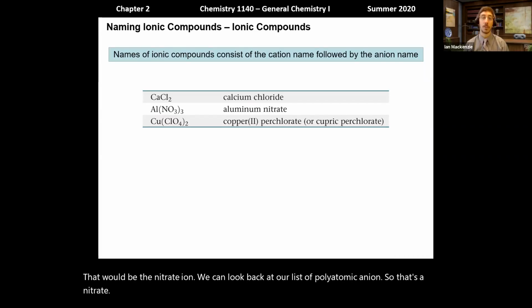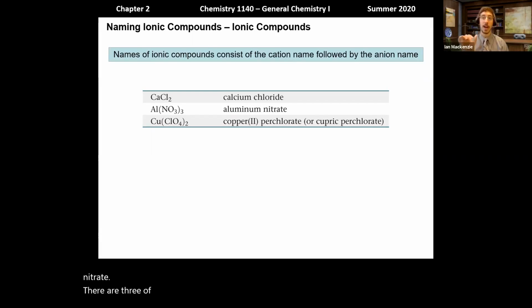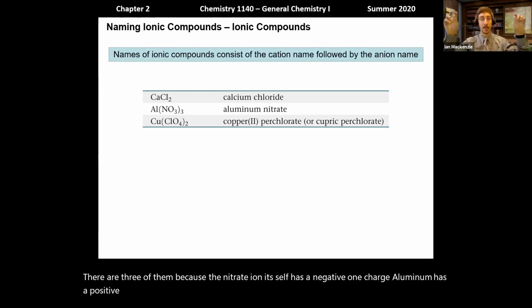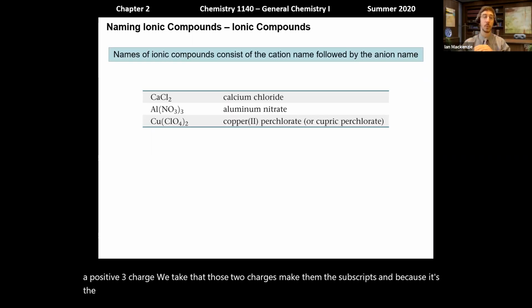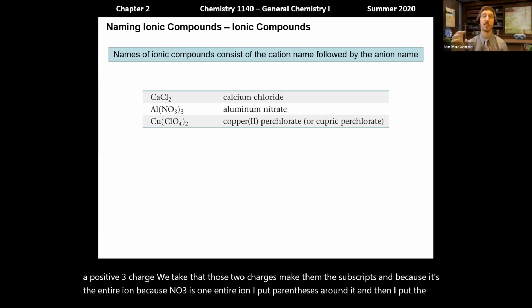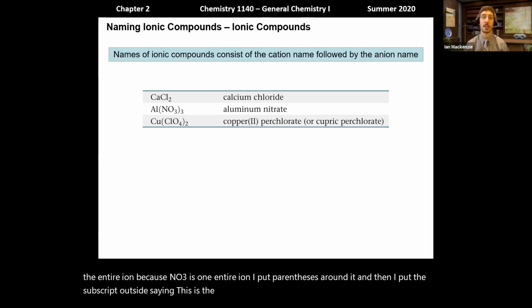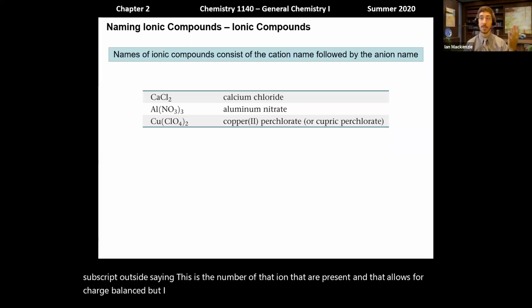There are 3 of them because the nitrate ion itself has a -1 charge and aluminum has a +3 charge. We take those 2 charges and make them the subscripts, and because NO3 is one entire ion, I put parentheses around it and then put the subscript outside, saying this is the number of that ion present. That allows for charge balance. I have an aluminum ion and a nitrate ion, so it simply becomes aluminum nitrate.